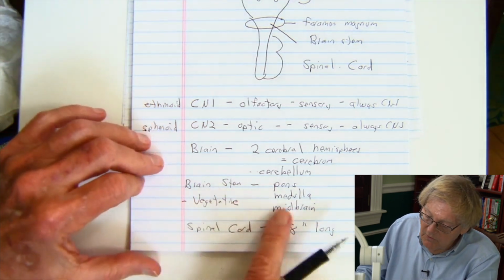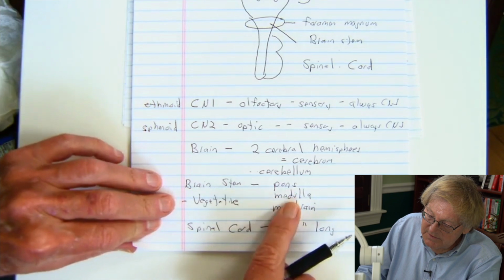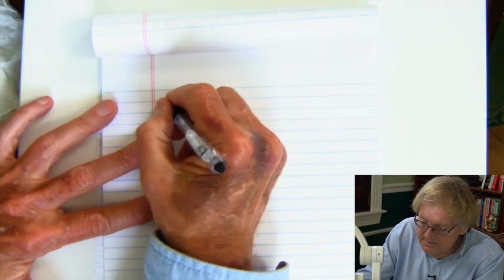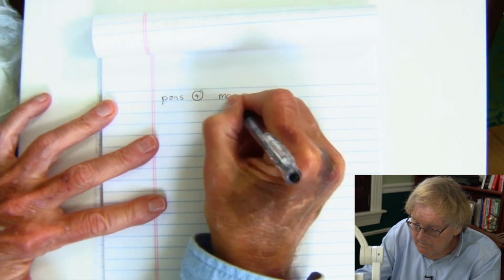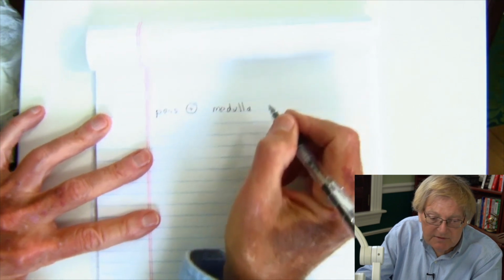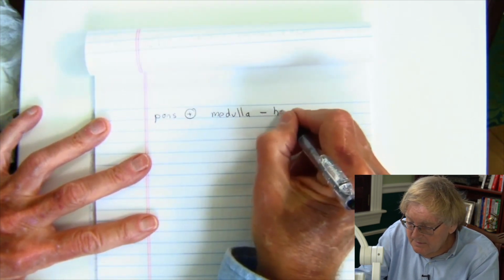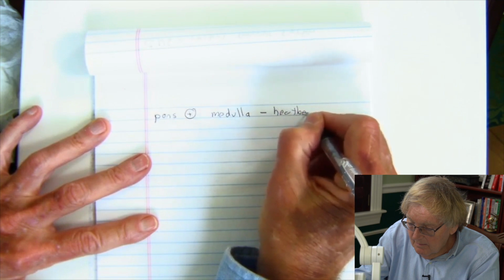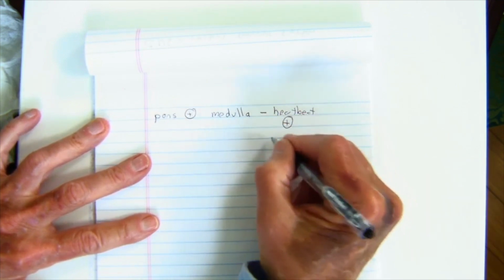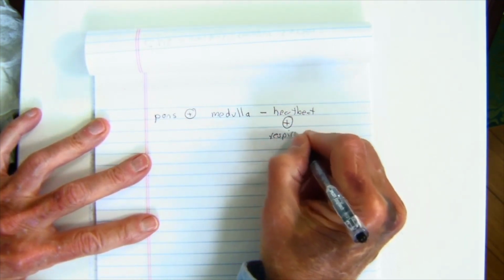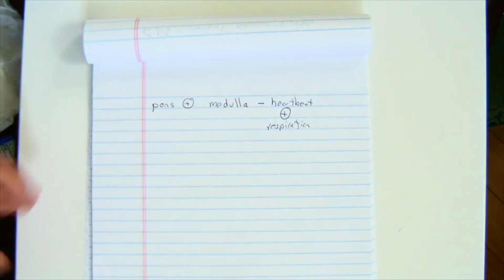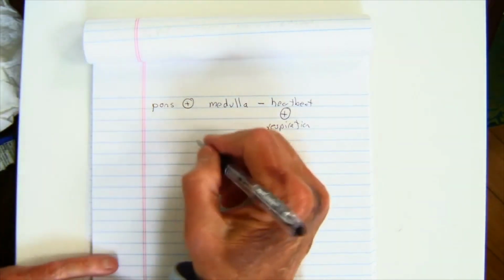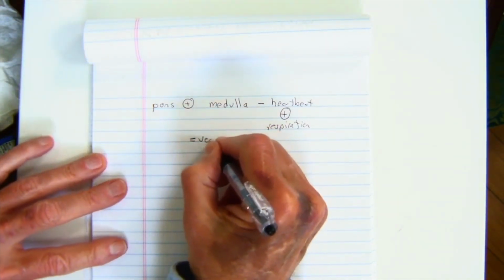So when we're talking about, for example, this brain stem, just remember that the pons and the medulla are going to be responsible for heartbeat and respiration. And that's why we get that term that the brain stem is called the vegetable or the vegetative portion.